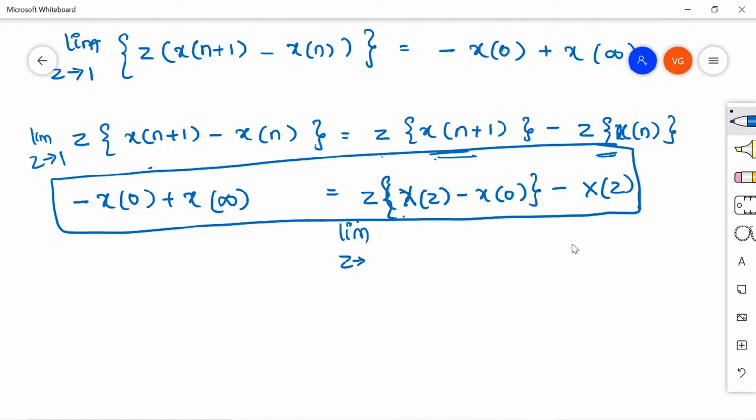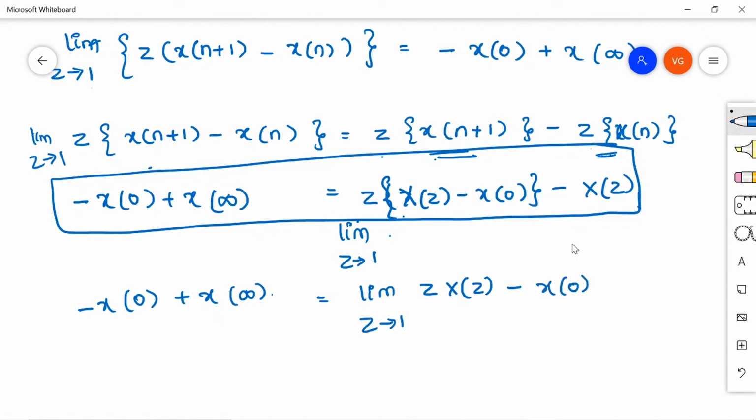If I expand and simplify, minus x of 0 plus x of infinity is given by limit z tends to 1 of z into X of z minus x of 0 minus X of z. So x of 0 will get cancelled on both sides.